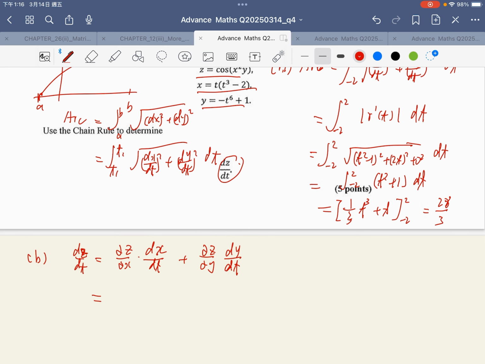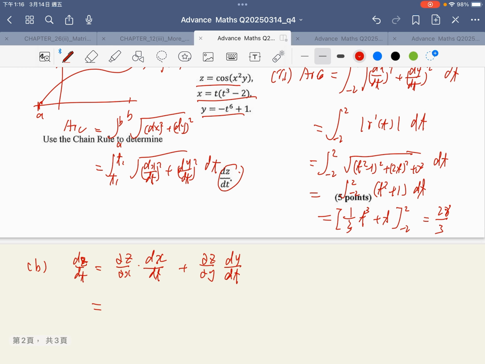And the answer mixes the terms x, y, z, and also t.